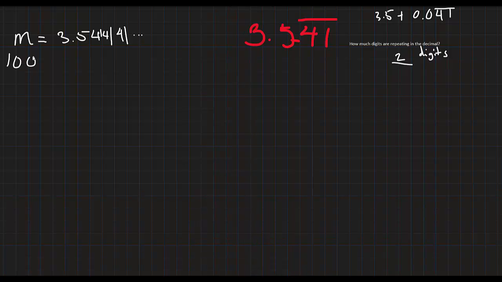So on the left side is 100m, and on the right side we have 354.141414, and so on.